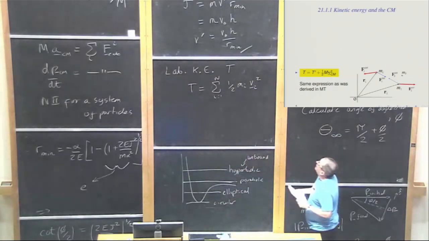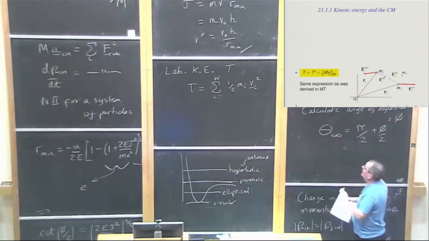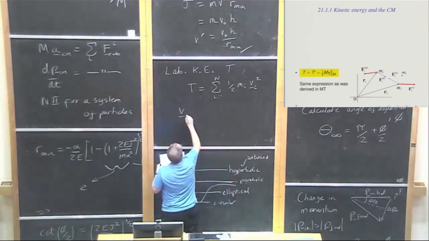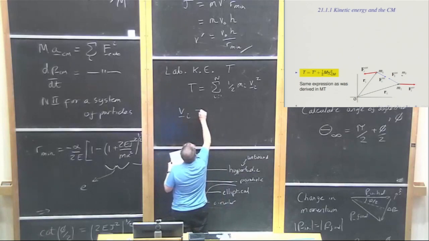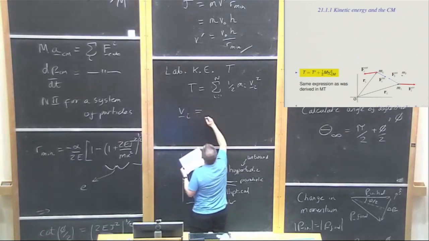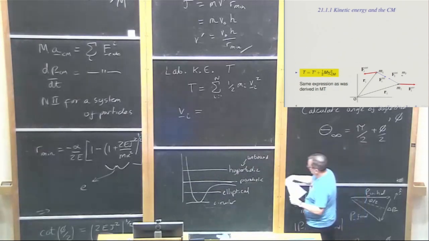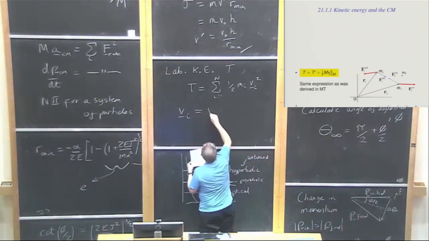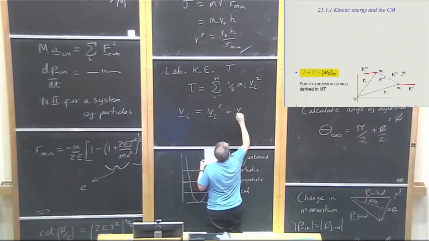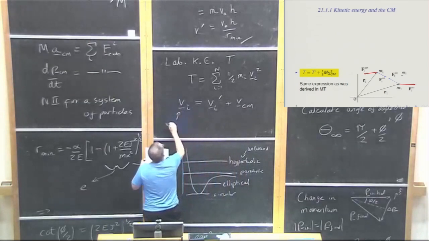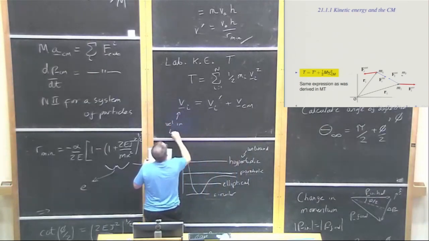Now the v_i is the velocity in the lab. Let's write this. I mean, we can consider this as a boost into the centre of mass plus the velocity in the centre of mass. Let me write this and then comment. So this is the velocity in lab.